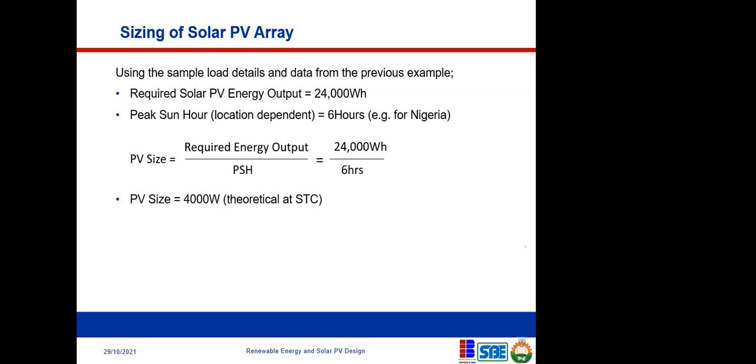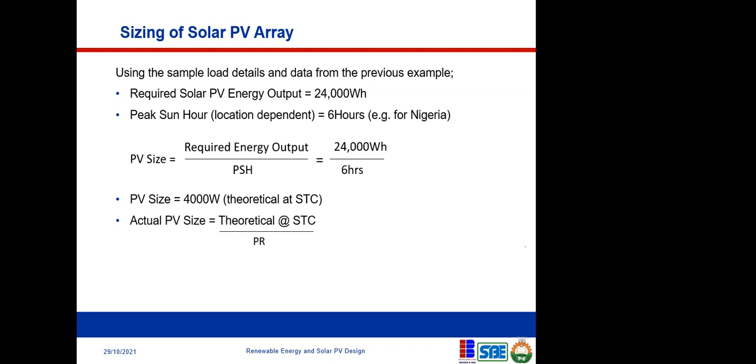Now, mind you, you have to be careful. The 4,000 watt is theoretical, at standard test condition, assuming that the solar panel is performing at 25 degrees centigrade and 1,000 watts per meter square. So you also have to consider some safety margins, which is where your performance ratio comes into play.